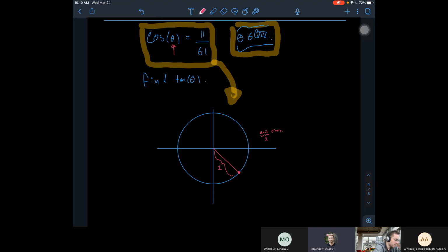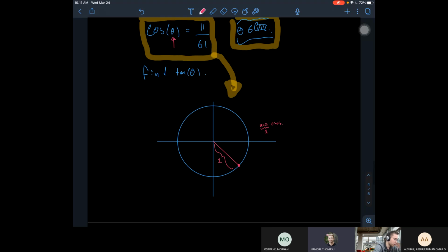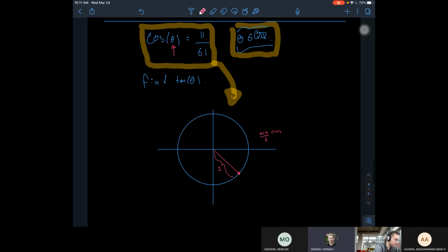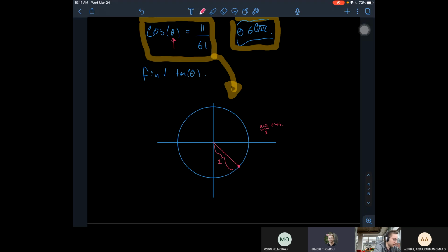And so cosine of theta, what does it tell us? If we feed in an angle into cosine, what is the definition of cosine? 1 over sine. No, the definition of cosecant is 1 over sine. The definition of cosine. Isn't that x? Or is it y? No, you're right. Cosine is the x coordinate.